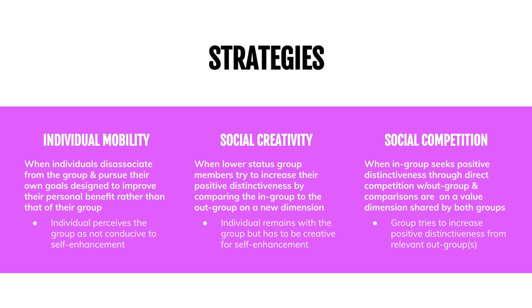What determines which strategy people will employ is the perceived capacity for self enhancement or the capacity for uncertainty reduction. So the perceived stability and legitimacy of this intragroup status hierarchy. So what's occurring within the group, but also the stability of status hierarchy across groups.